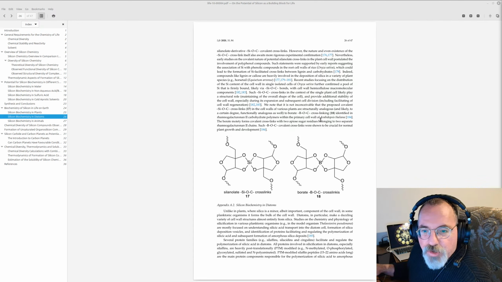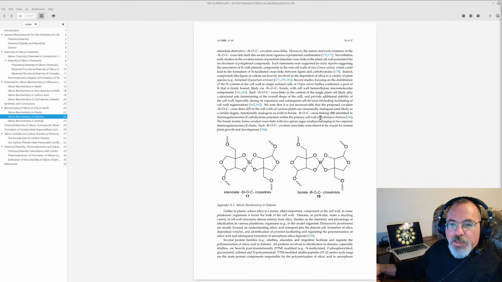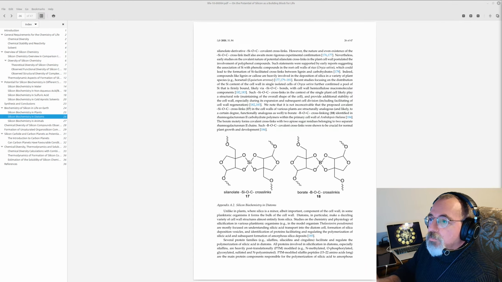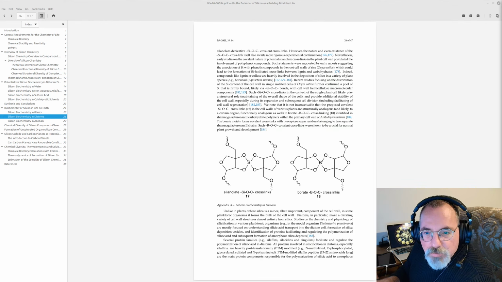Okay, I'm going to have to try and pronounce that. Arabidopsis thaliana. Okay, all right. Now I want to know what that is. Oh, interesting.